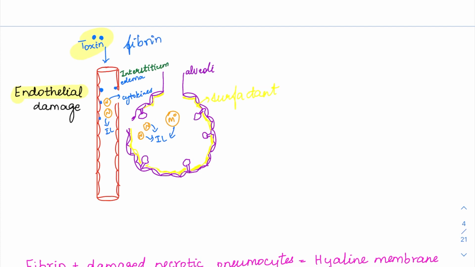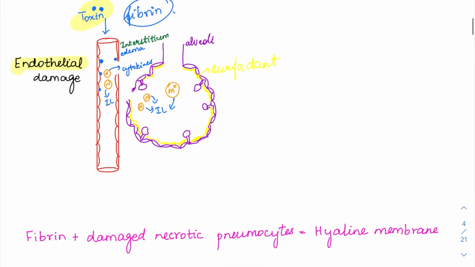So fibrin will be formed, and along with that, when the endothelial injury is there, obviously inflammation will also be there, right? So neutrophils will be recruited to the site of the endothelial injury. So here come the neutrophils. So these will be the neutrophils, and when neutrophils come, there will be lots of cytokine and interleukin production. So neutrophils will further damage the barrier of the capillary wall.